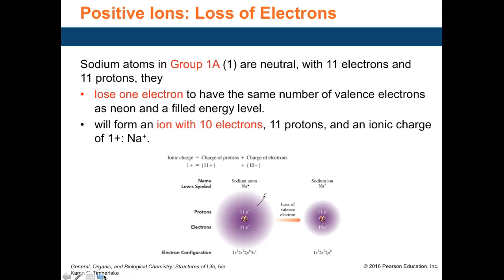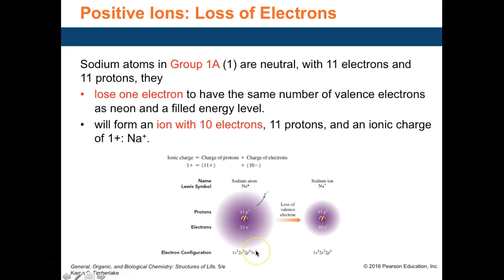So you see here with sodium. Now sodium has 11 protons, 11 electrons in its neutral atom, all right? But if you look here, that lone electron, the 11th electron, is in the third energy level, 3s1. However, if you look at 2s2, 2p6, you have an octet in the inner energy level, the second energy level.